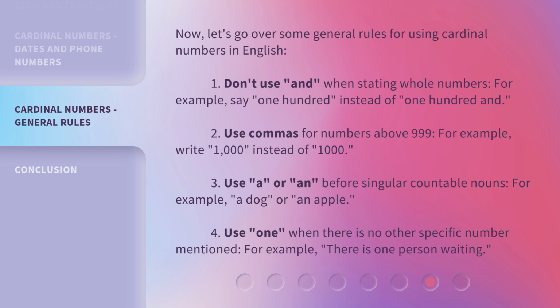For example, write 1,000 instead of 1000. 3. Use a or an before singular countable nouns. For example, a dog or an apple. 4. Use 1 when there is no other specific number mentioned. For example, there is 1 person waiting.